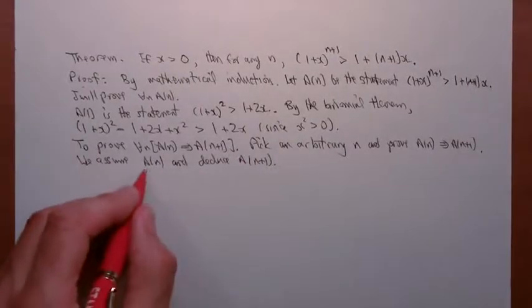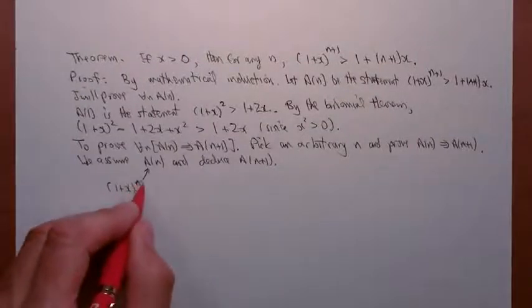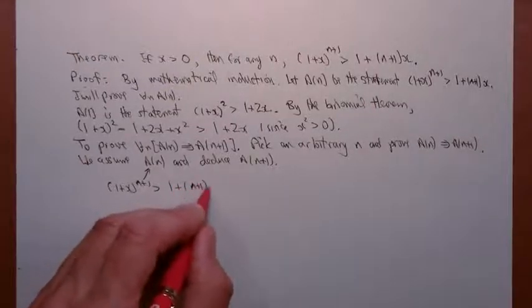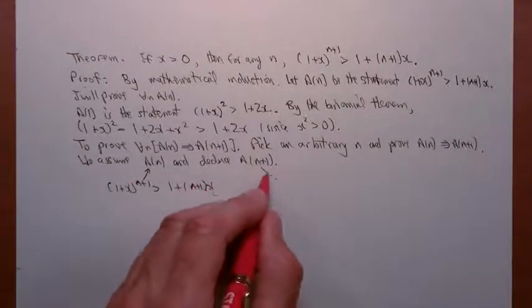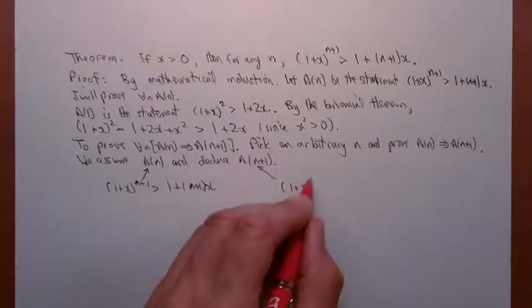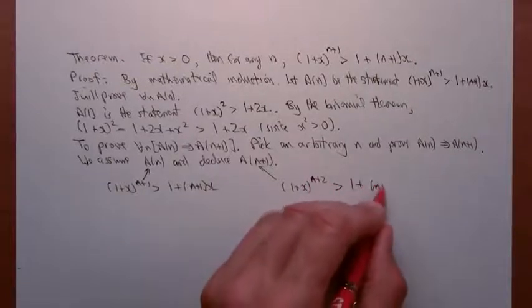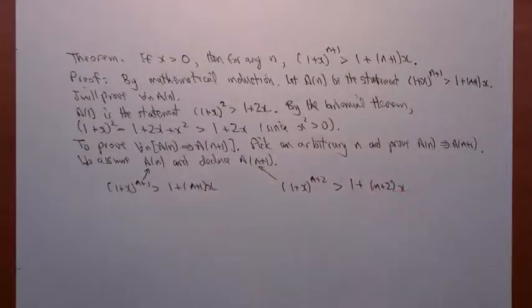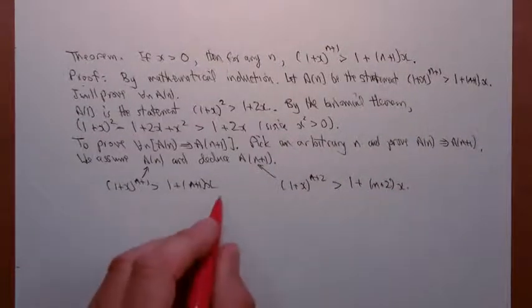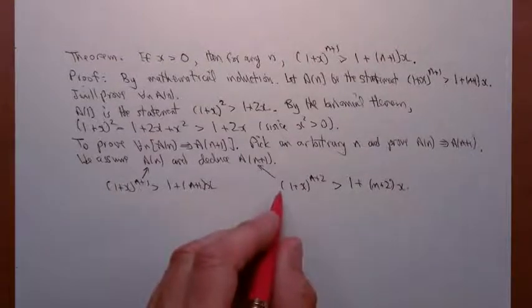Well, A n is the statement (1 plus x) to the n plus 1 greater than 1 plus (n plus 1)x. And A n plus 1 is the statement (1 plus x) to the n plus 2 is greater than 1 plus (n plus 2)x. So the induction step boils down to assuming this and deducing that from it.